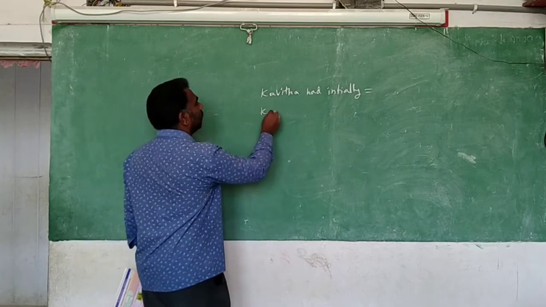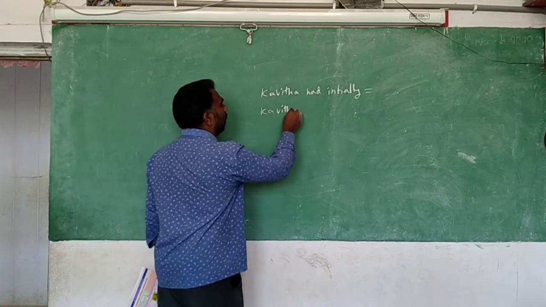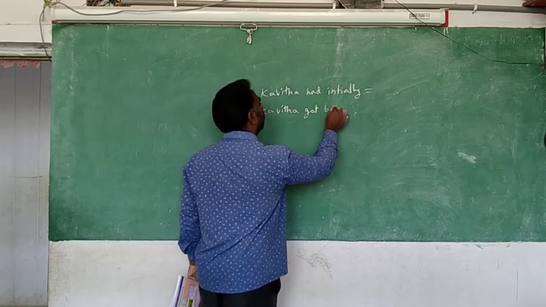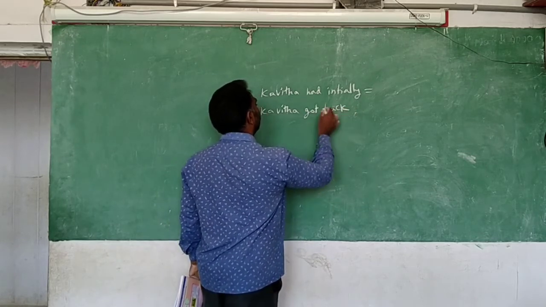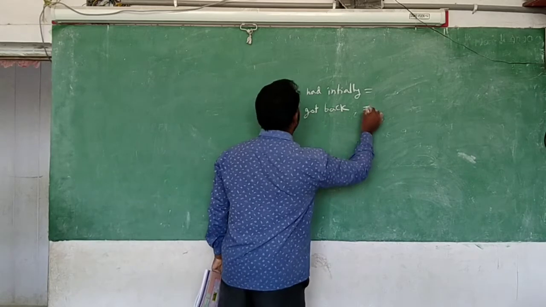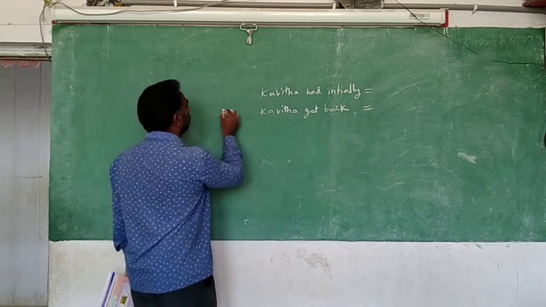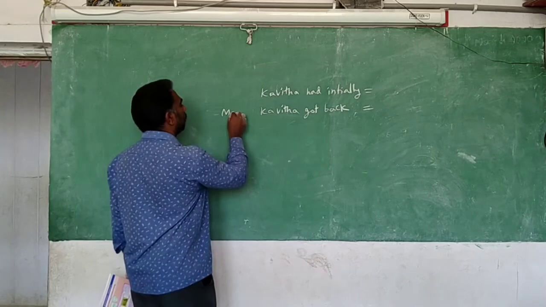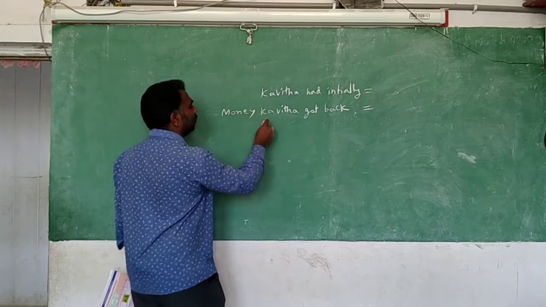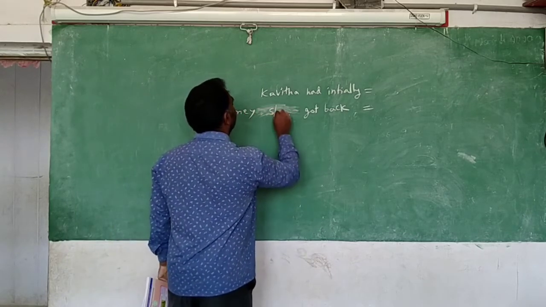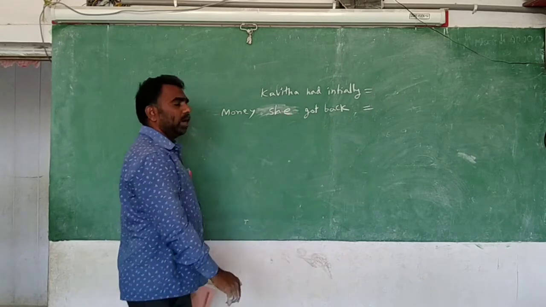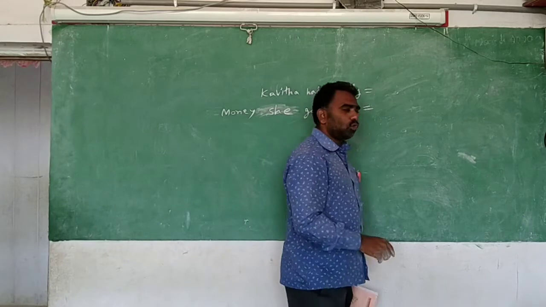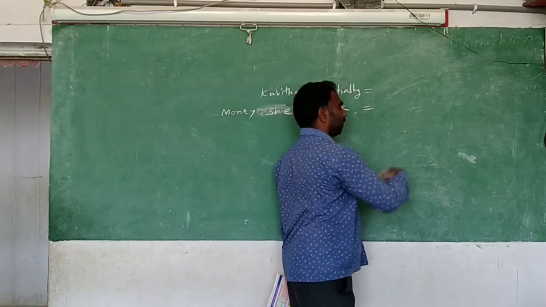Next, Kavita got back. How much money did Kavita get back again from the friend? Yes, 28 rupees. You write here.